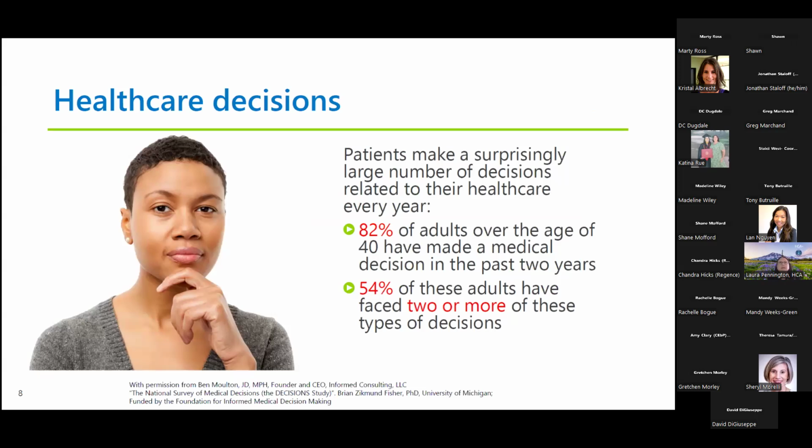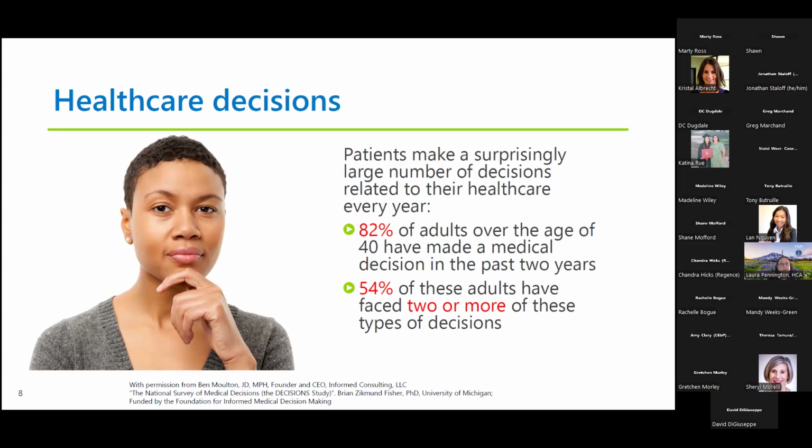So when we're making those decisions around healthcare, I think it's safe to say that everyone in this meeting has been a patient at one point in their life. But think about it, how many decisions do you make about your healthcare in a day or in a month or in a year? There was a study done by the University of Michigan, the National Survey of Medical Decisions, and it looked at how patients make a surprisingly large number of decisions related to their healthcare every year.